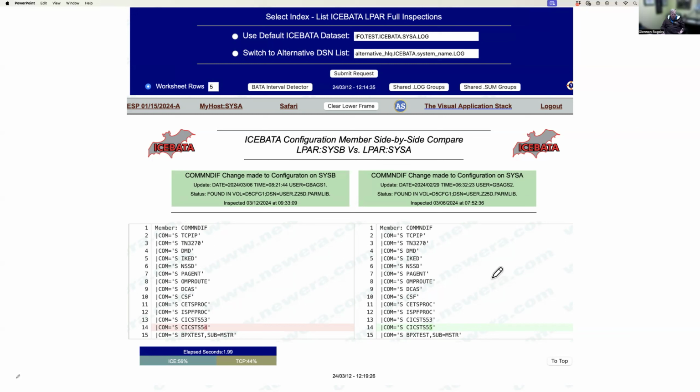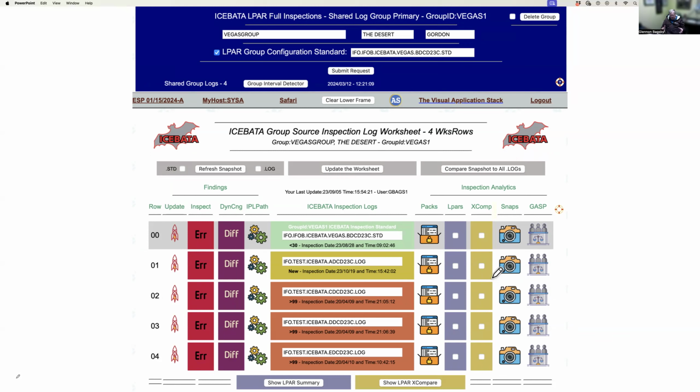We also have the ability to take these logs and assemble them together into groups. The reason for this is to allow you to say these number of LPARs, wherever they reside on the same SYSPLEX or across multiple SYSPLEXes, represent one business unit or one geographic location or one area of responsibility, and group them together and then manage those groups as a single entity.